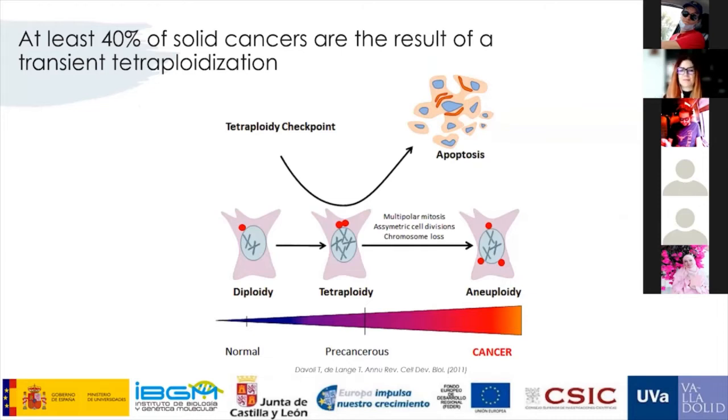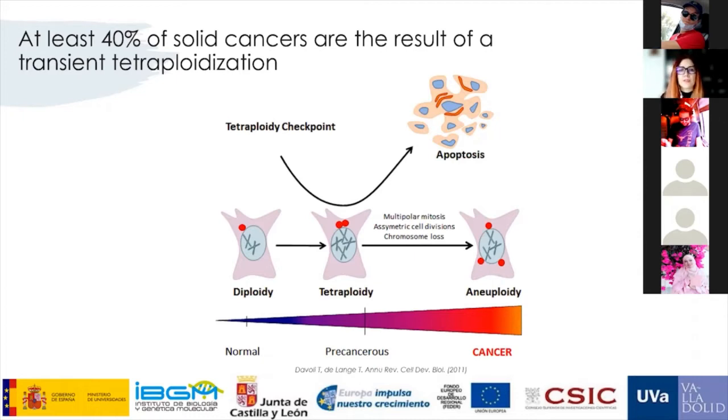But sorry if I repeat: tetraploidy is considered a precancerous step between diploid healthy cells and aneuploid cells, which are considered the aggressive cancer cells.